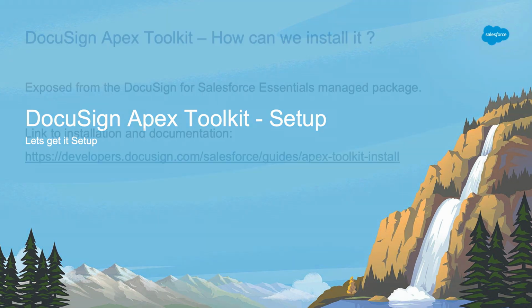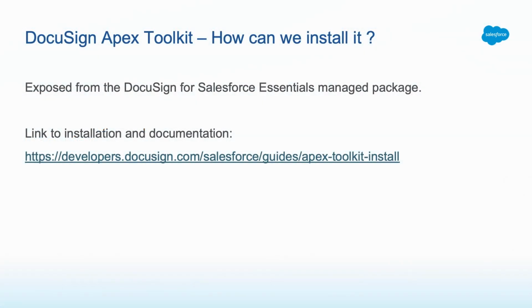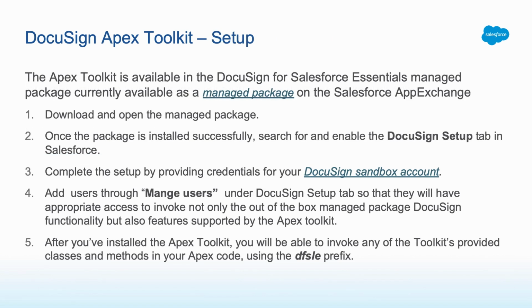We have really good documentation on installation of the DocuSign Apex Toolkit, but still I will walk you through the brief steps so that we are all set to run our hands-on examples. So let's go ahead. This is basically a 5-step process.